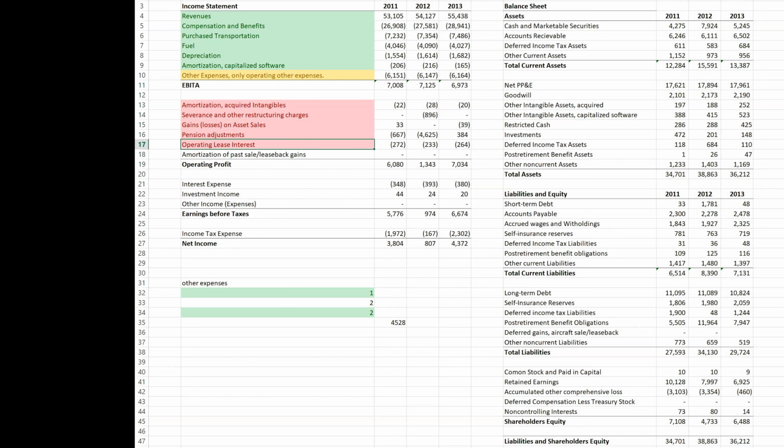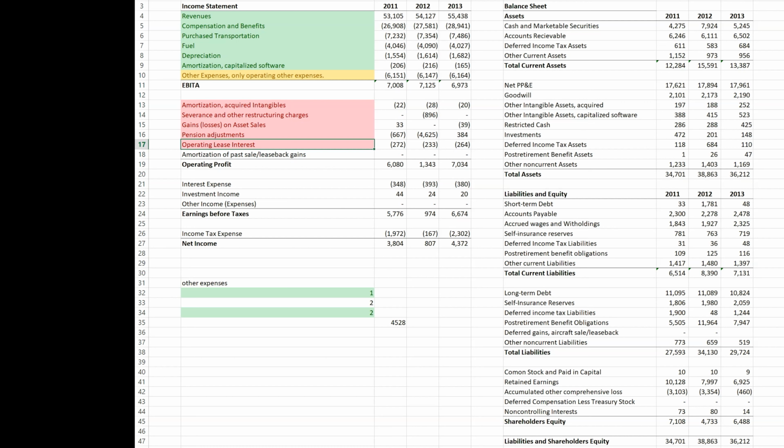But an operating lease is what happens when UPS is leasing some of the assets that they use in their normal operations. Typically, and this is what it is for UPS, we actually saw a footnote here when we were looking at the financial statement for 2010. Typically this is what's called a sale leaseback agreement.